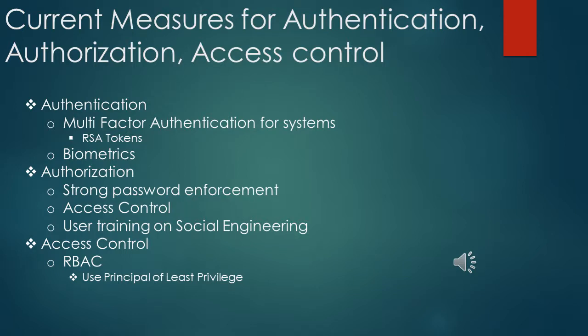Current measures for authentication, authorization, and access control include authentication, which includes multi-factor authentication for systems, which includes the use of RSA tokens. Another factor includes biometrics, which is an aspect of multi-factor authentication, something you are.